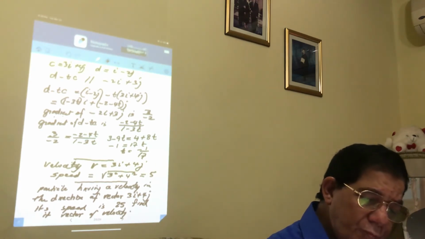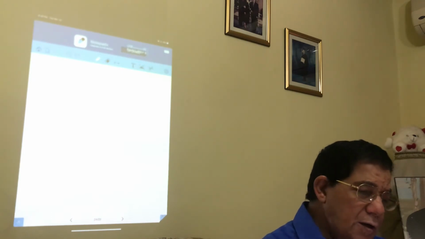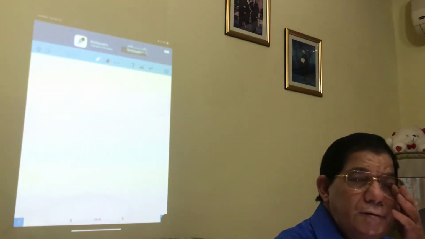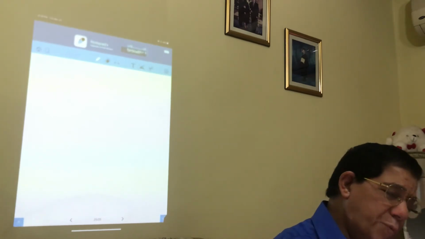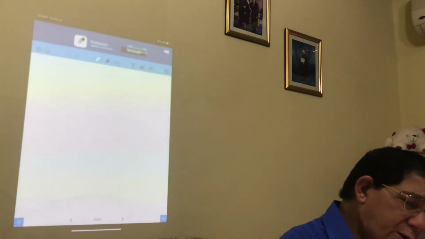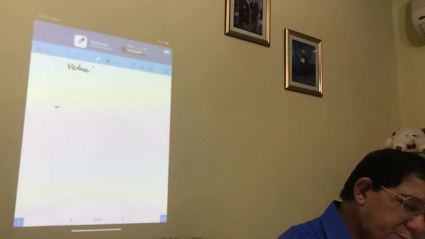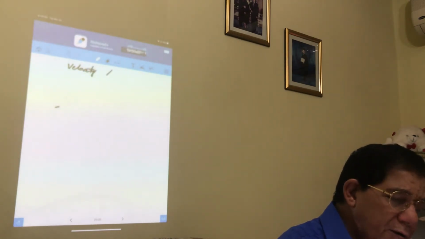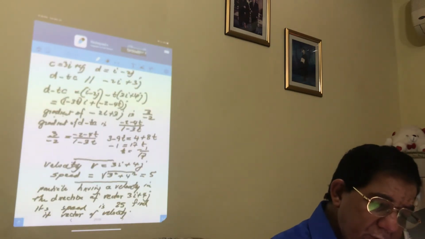Now, we were asked that this particle has a speed of 25. Its velocity is parallel to the vector 3i plus 4j.